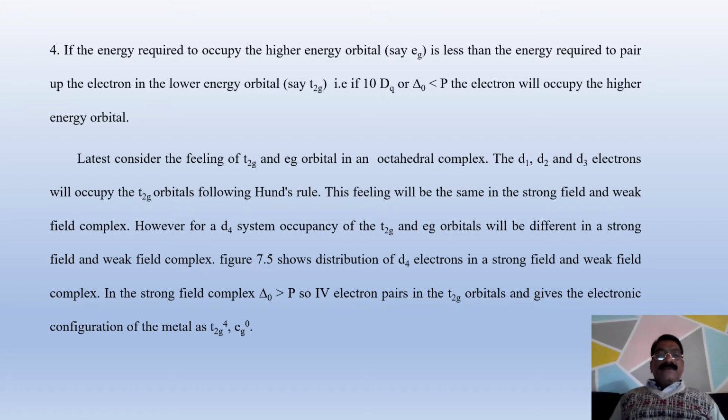See in the next figure the distribution for the d4 electrons in strong field and weak field complexes. In the strong field complex, delta O is greater than the pairing energy, so the 4th electron pairs in the t2g orbitals and gives the electron configuration of the metal as t2g4 eg0.